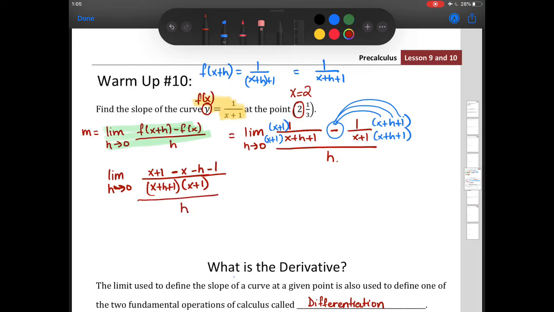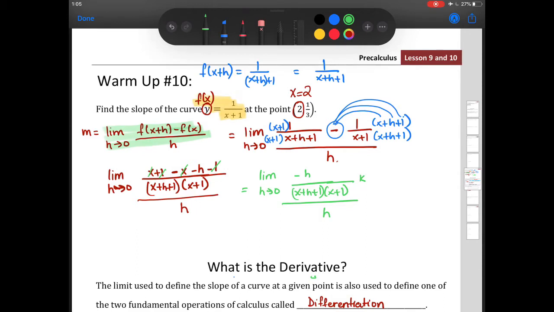What happens in my numerator is that the x's cancel out and the 1's cancel out, and I'm left with limit as h approaches 0, negative h over x plus h plus 1 times x plus 1, all over h.